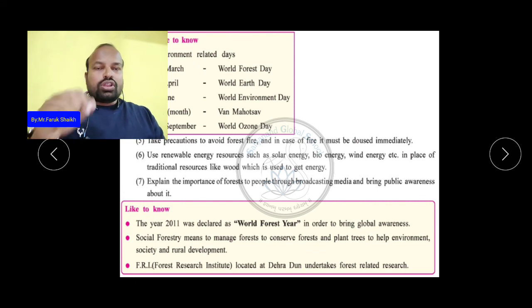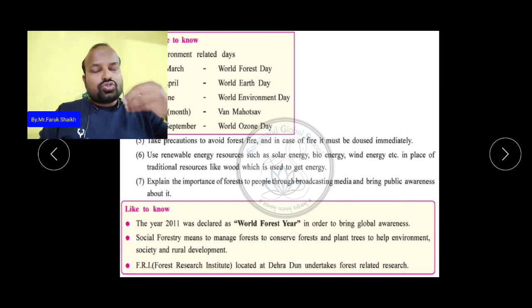You all are also using different types of social media, so you can share images and your own videos for the awareness of forest protection, and you can also inspire them to grow at least one tree in a year.